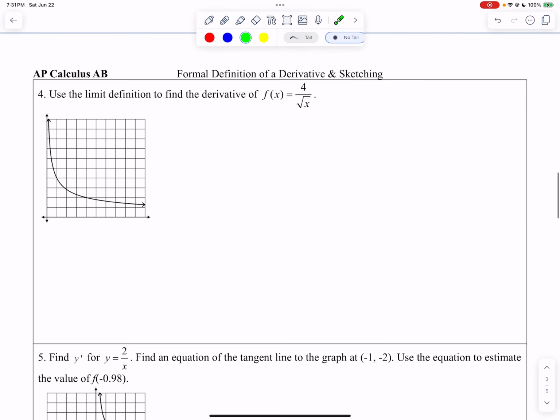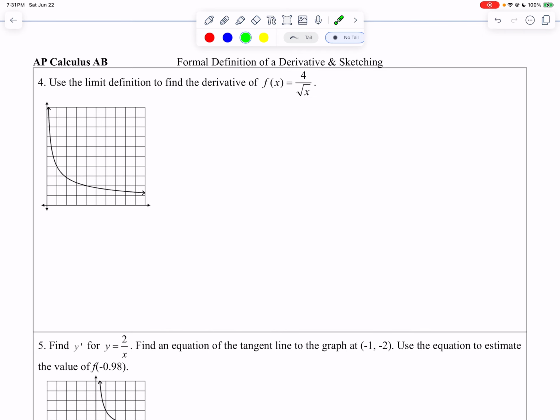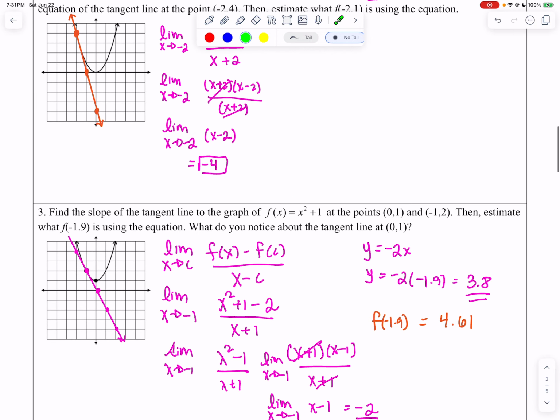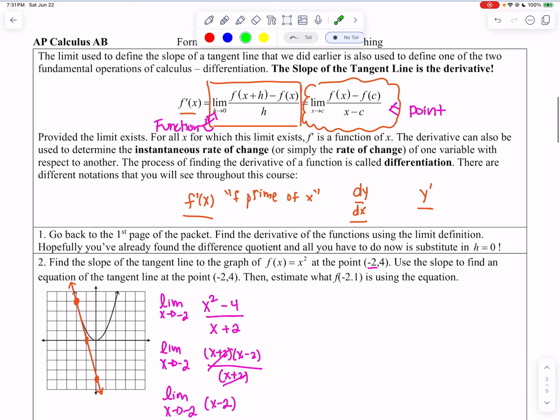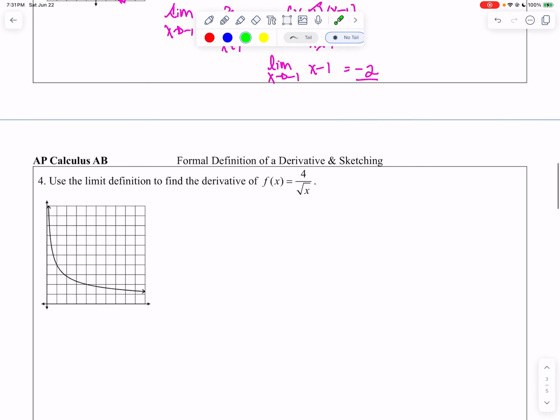All right, we will do number 4, and then I'll probably let you guys do 5 on your own. Number 4 says use the limit definition to find the derivative of f of x is equal to 4 over square root of x. So for this one, because we aren't finding the derivative at a point and we're finding the derivative of the whole function, we do have to use our lovely difference quotient formula here.